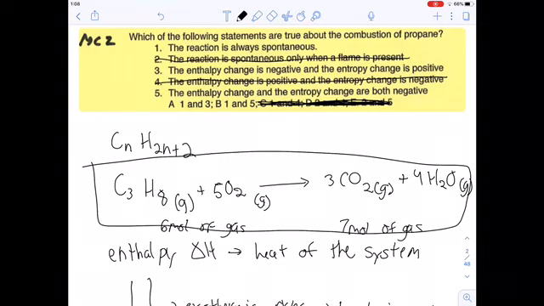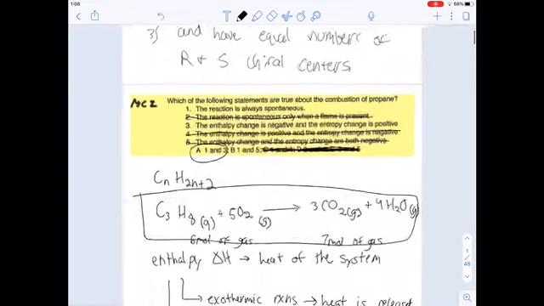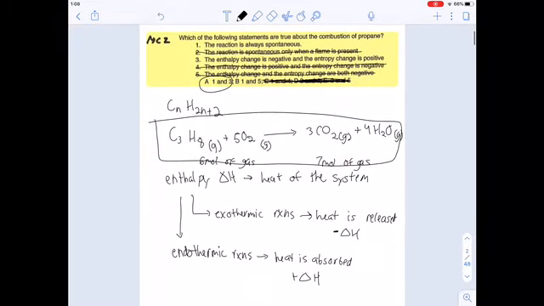And then on the right side, you end up with 7 moles of gas because you have 3 moles of CO2 and 4 moles of H2O, and everything in this reaction is a gas. So you're going from less molecules to more molecules, which means that you're going to have an increase in entropy. So entropy is going to be positive. So the correct answer is going to be 1 and 3, and that is A. Okay? A little bit of Gen Chem review.